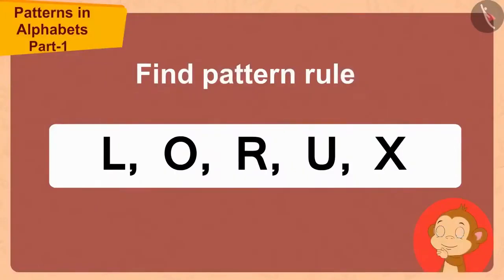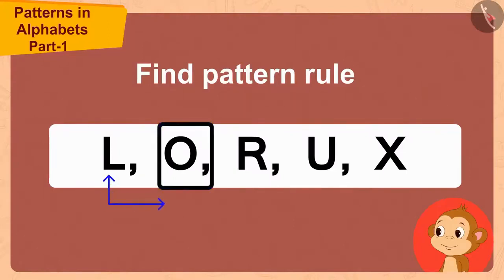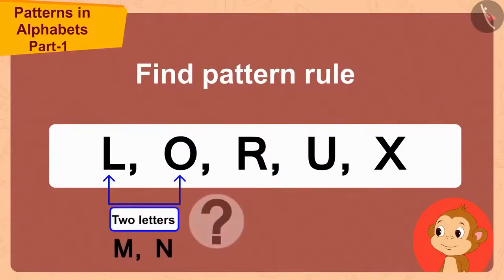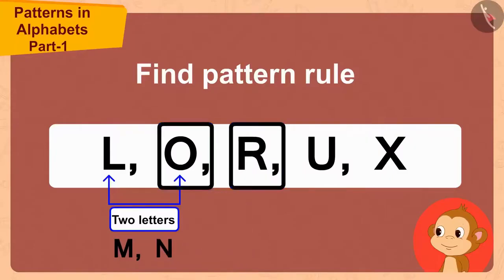The first letter of this pattern is L and the second letter is O. The difference between these letters L and O is of 2 letters. And how many letters difference is there between these letters O and R?